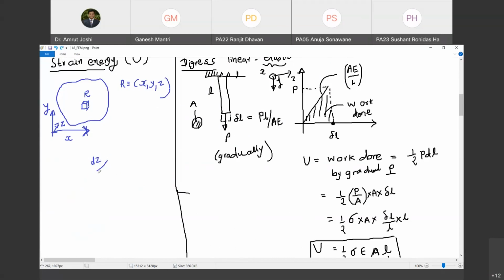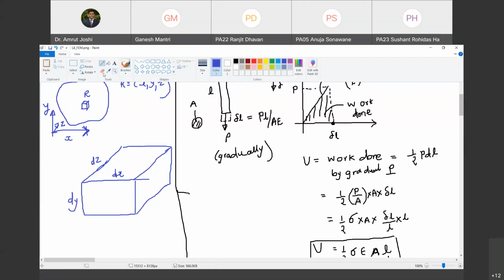I'm just showing that cube in a zoomed view. So this is dz, this is dx, and this is dy.